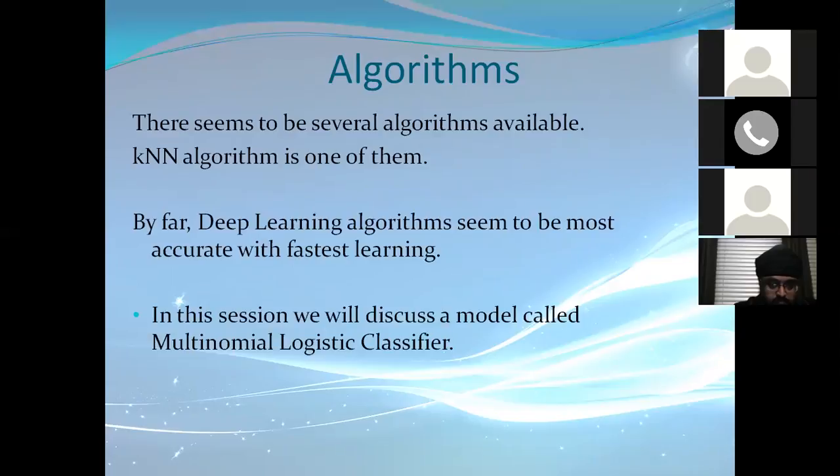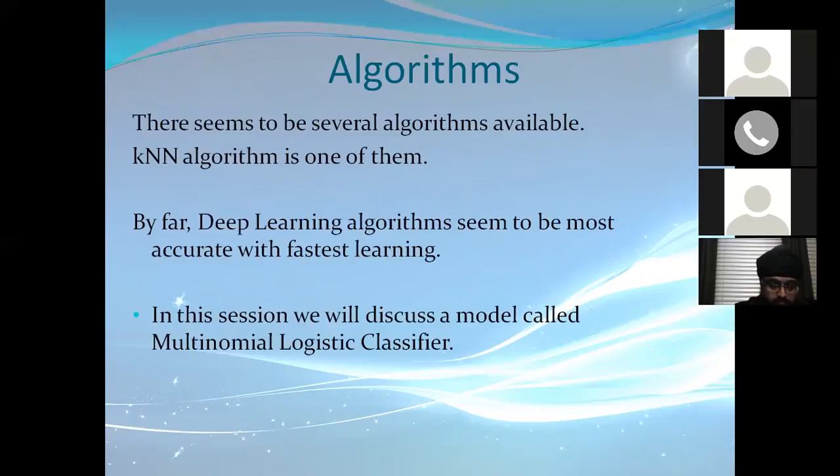Now, deep learning algorithms look like they're much better. While KNN can get 90% right, deep learning algorithms seem to get more than 95 or 98% in some cases. They get that many right.